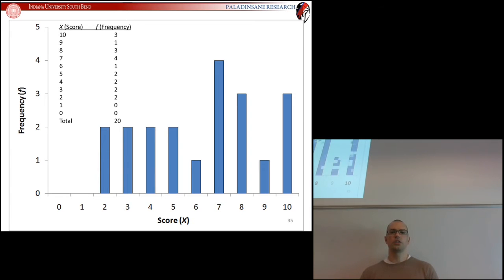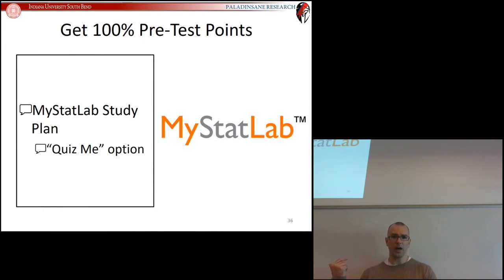So just a reminder, if you got your feedback for your first pretest, check it. If you did not receive 100%, then you can improve your grade up to 100% by doing the MyStatLab study plan.